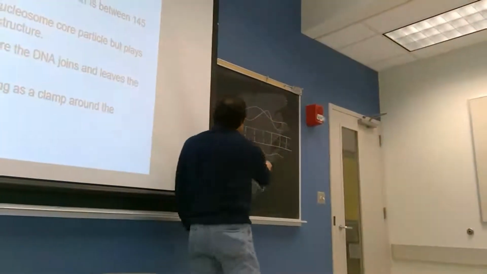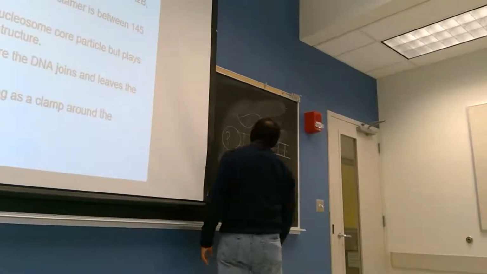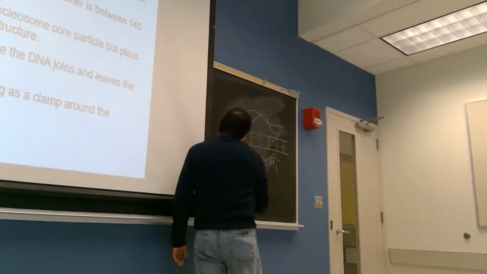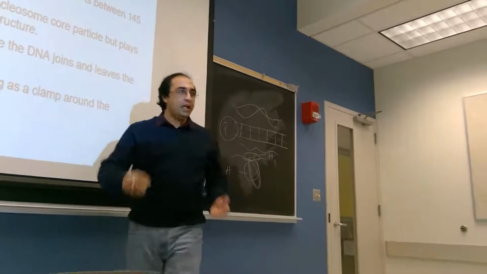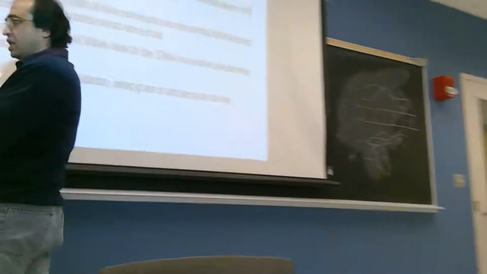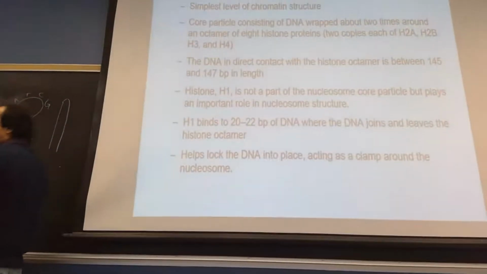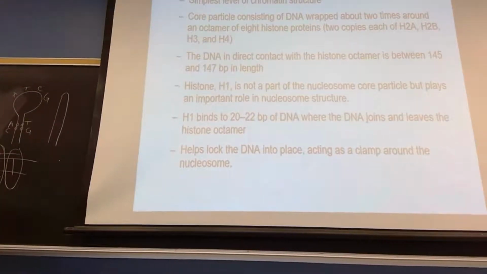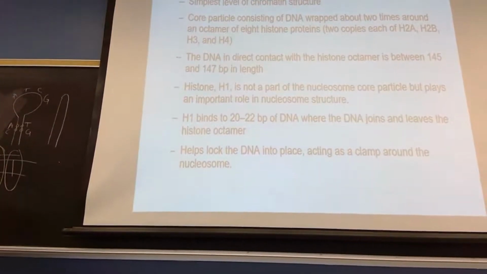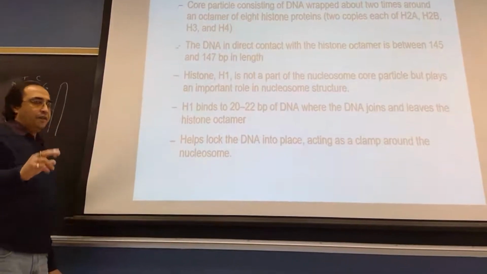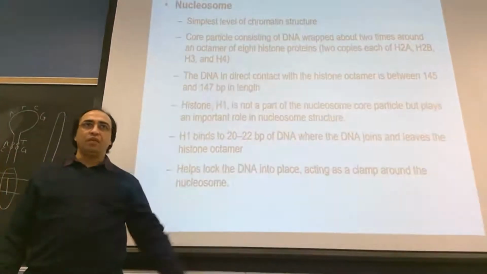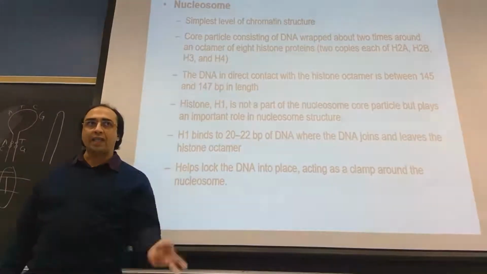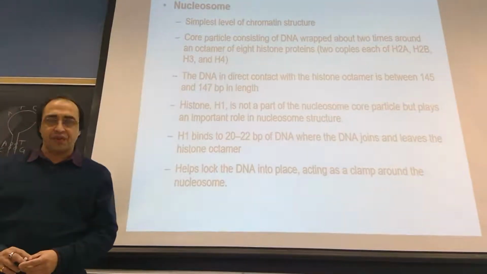So H1 is always outside. This is H1, this is the histone octamer, and here is the DNA. Histone 1 binds to 20 to 22 BP of DNA. So the total structure of the nucleosome is 147 BP plus 20 to 22 BP extra.